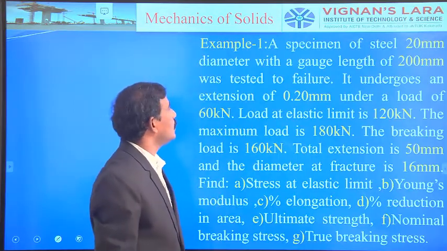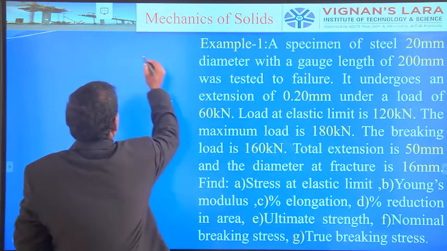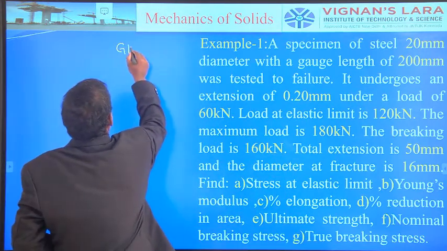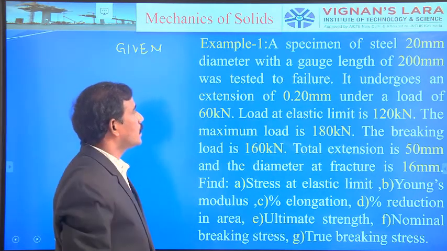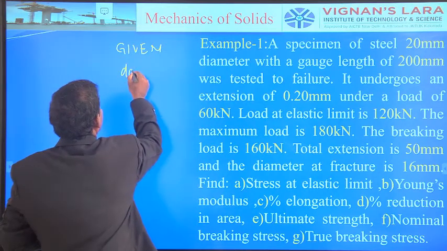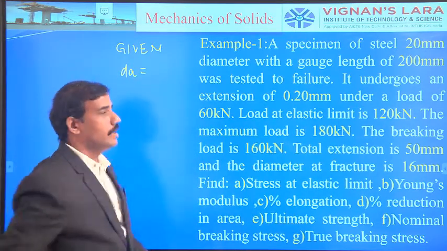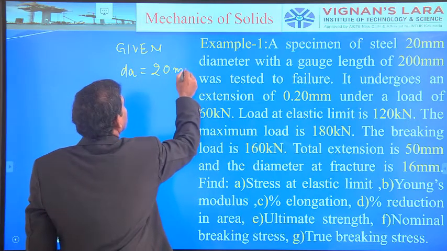Let us say a specimen of steel, 20 mm diameter. So what is given? First is the diameter, that is the actual diameter of the specimen, represented by dA, equal to 20 mm.